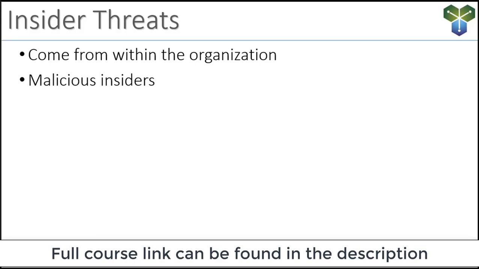This could be people selling trade secrets or just trying to do some sort of harm because maybe they're mad at us. But we've also got negligent insiders, and these people can be just as dangerous as the malicious insiders. These are people who unintentionally cause harm by ignoring our security policies. This is something we need to address with penetration testing.